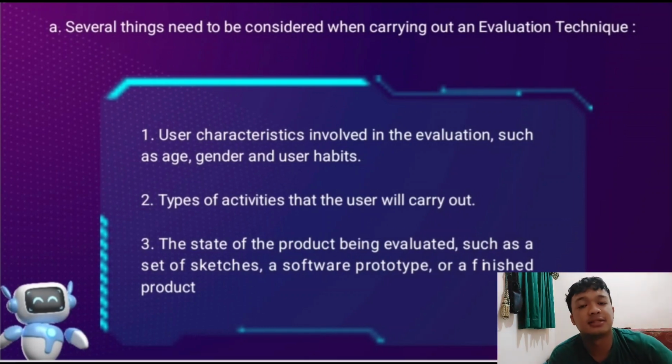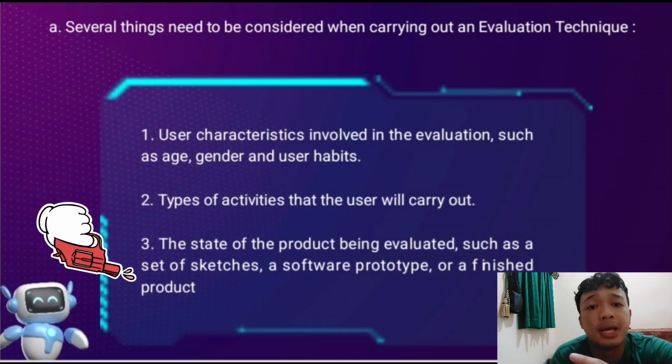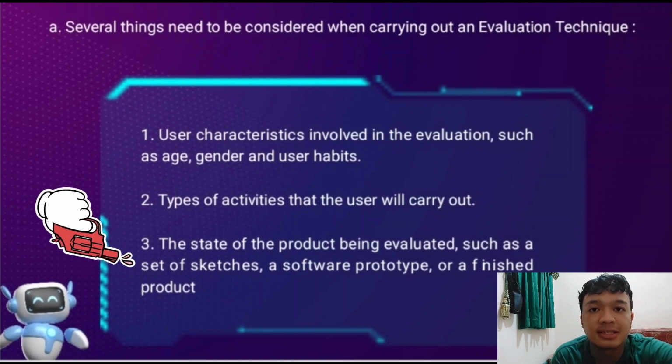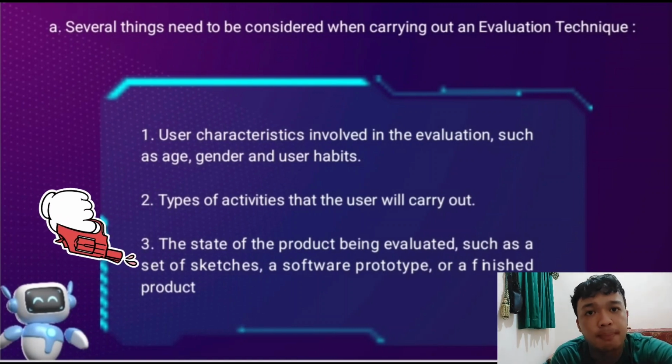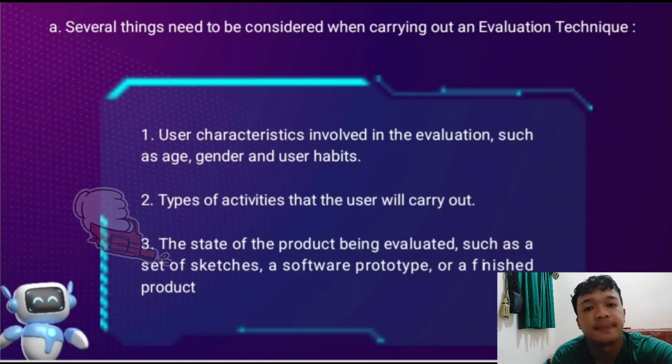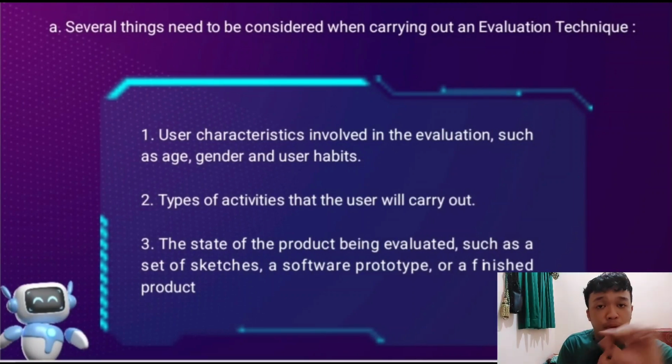And then next, third, the state of the product being evaluated, such as a set of sketches, a software prototype, or a finished product. A set of sketches, in the description, is an initial representation of design ideas, often in the form of hand drawings or simple diagrams. Evaluation focus.